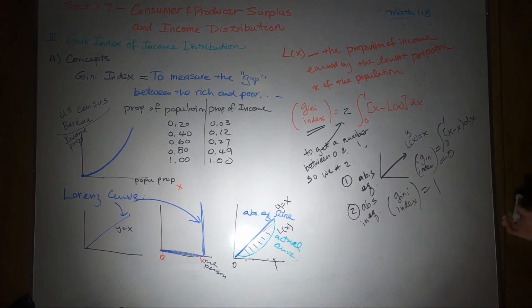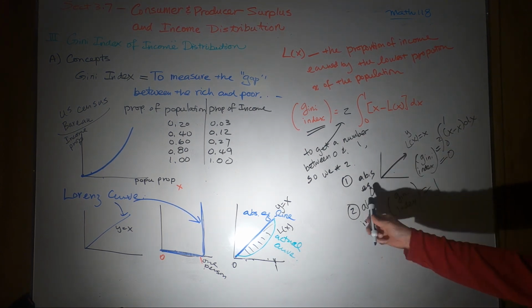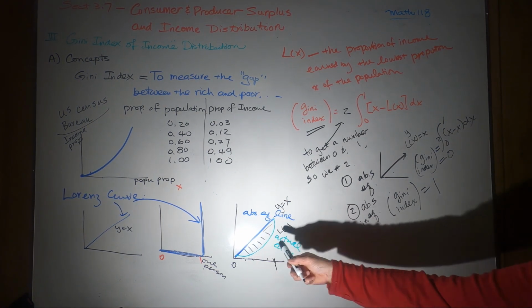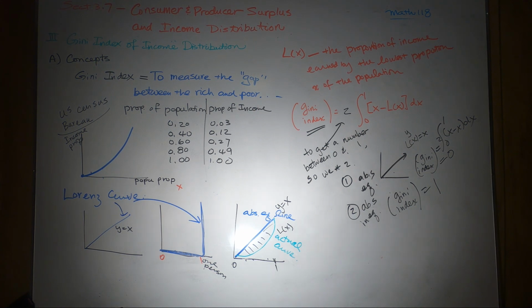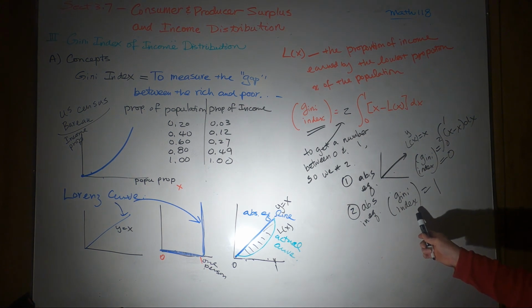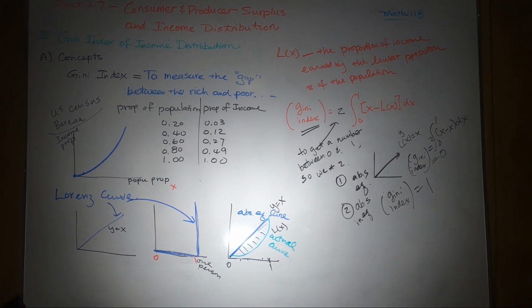If it's closer to the line, that means everybody's income is closer to each other. If it's inequality, then it goes to 1. So a higher number means more inequality. If it's closer to 0, it means more equal.